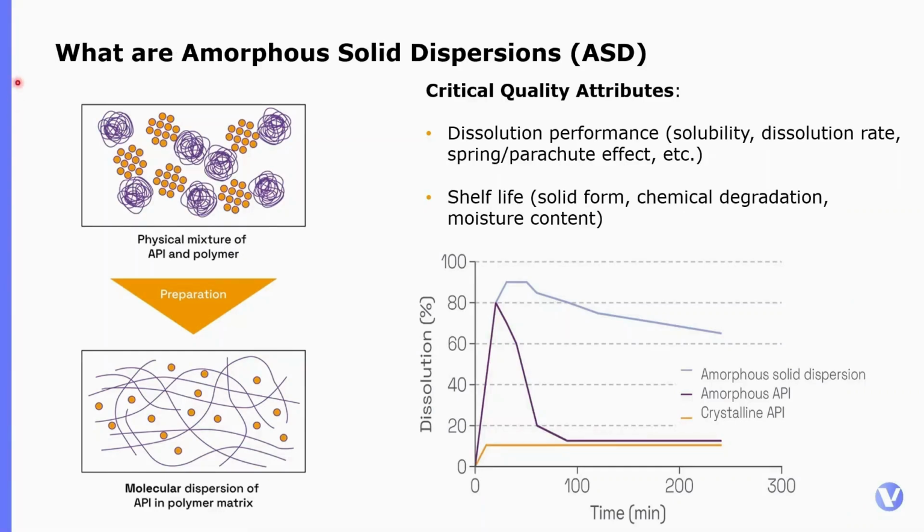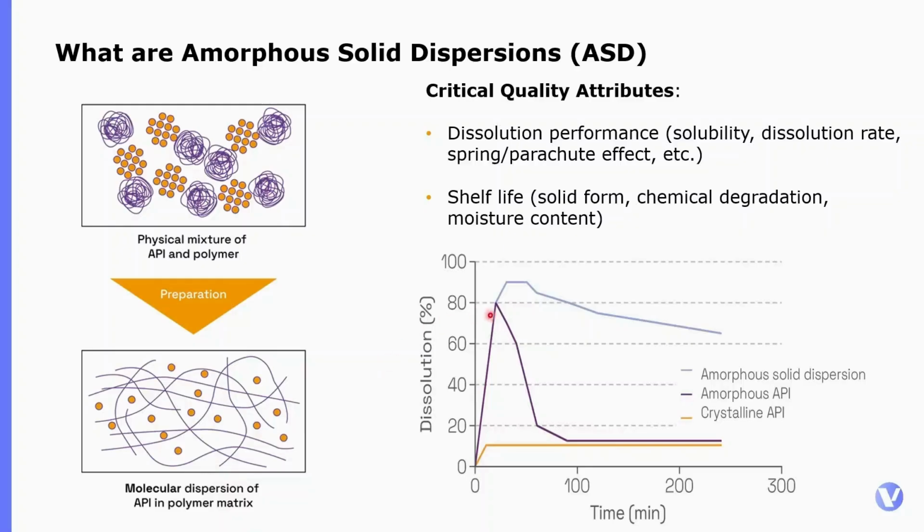So what are amorphous solid dispersions, or ASD? In an amorphous solid dispersion, the drug is stabilized in an amorphous state within a polymer matrix. This dispersion helps to prevent crystallization, improve dissolution, and lead to a better drug absorption compared to the crystalline form.